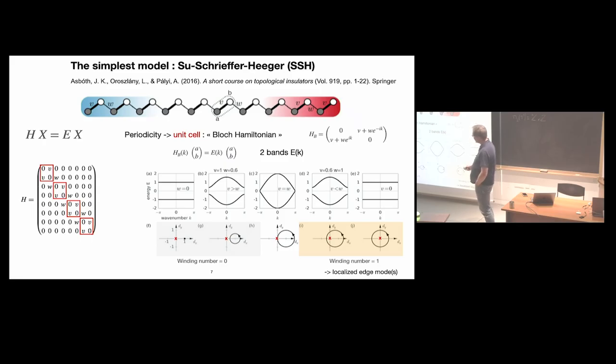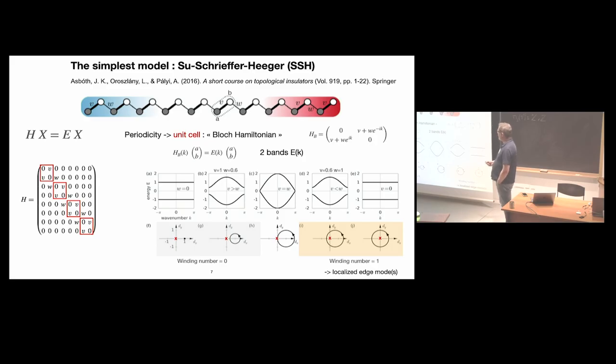It is tridiagonal, nothing on the diagonal, and V or W alternating. So it's really easy to play with this matrix and to get the properties of the simplest model of topology.